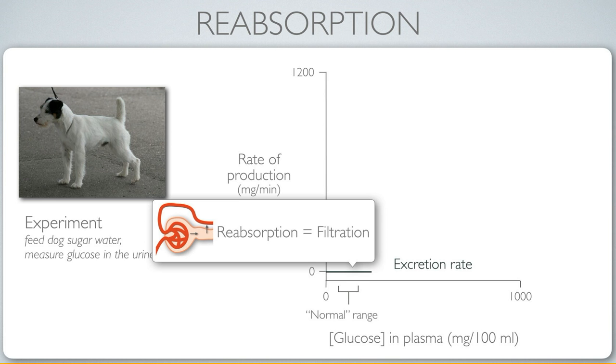If we drive the glucose concentration to higher levels, however, then what we find is that glucose starts appearing in the urine. And it appears more and more as we increase that concentration. And one hypothesis for what happens here is that the reabsorption is being driven by a pump.